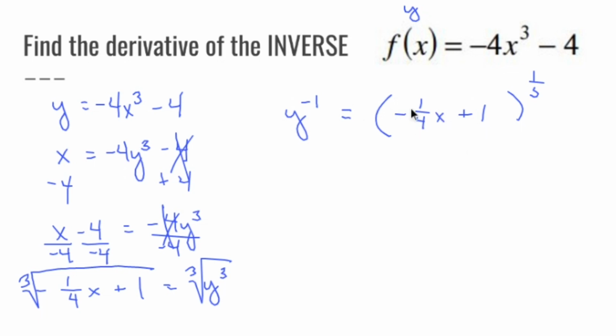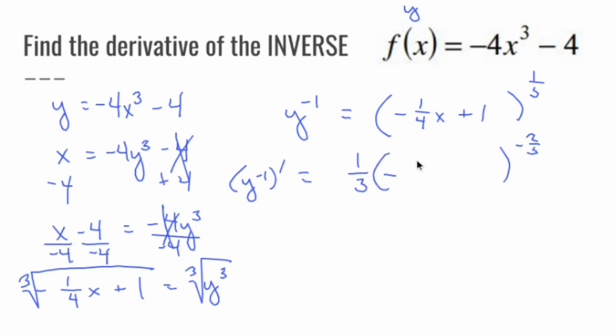Now finding the derivative of this guy requires chain rule. So you have the inside stuff, which is there. You have the outside stuff, which is there. So the derivative of the inverse is going to have me taking the derivative of the outside. So bring that 1/3 out front. 1/3 minus 1 is going to be negative 2/3.